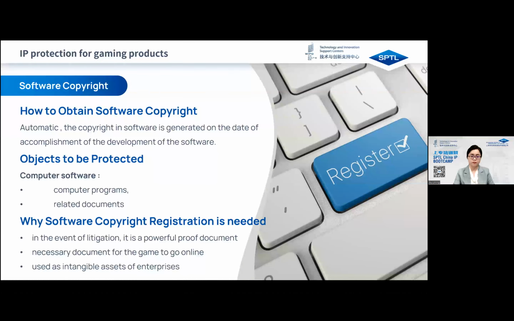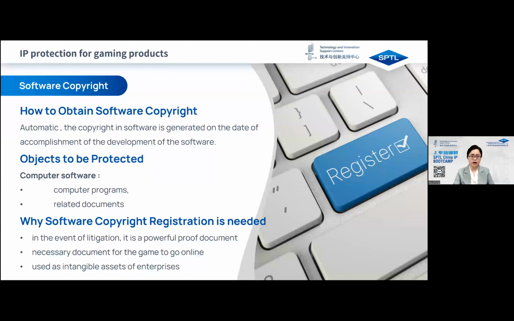In the event of software infringement, such a certificate is a very powerful proof document. If the software copyright is not registered, it will be difficult for the right holders to prove the time of completion of the software and ownership of the software.